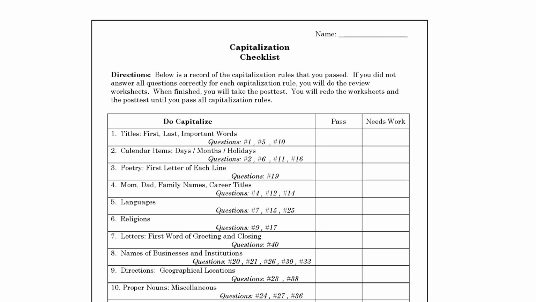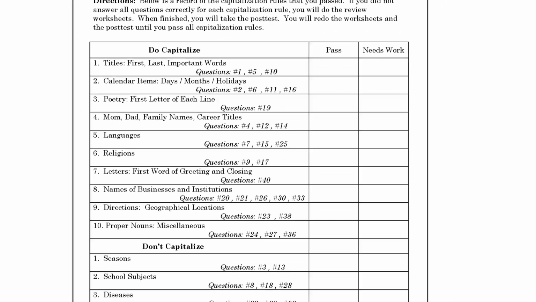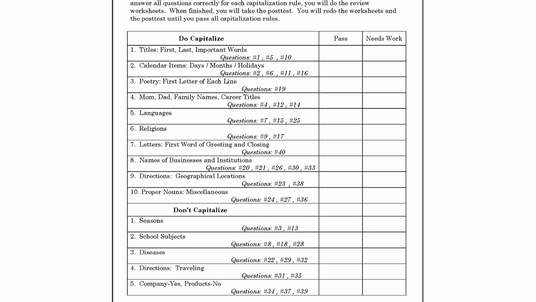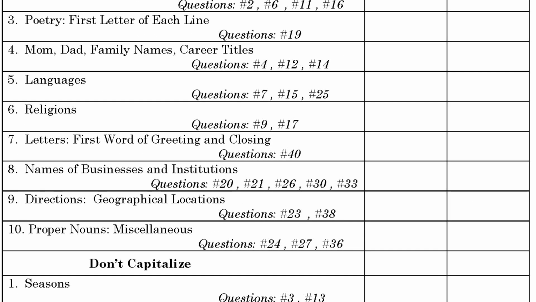And this worksheet will be a tool for them to see what capitalization rules they know and which capitalization rules they don't know. So what they do is they take the questions that they missed and they could match the question that they missed with the rule. So for example, you can see here you're supposed to capitalize languages.